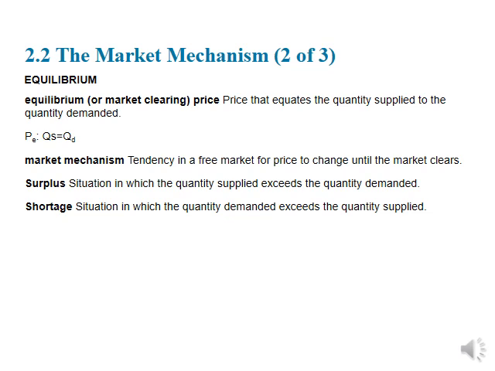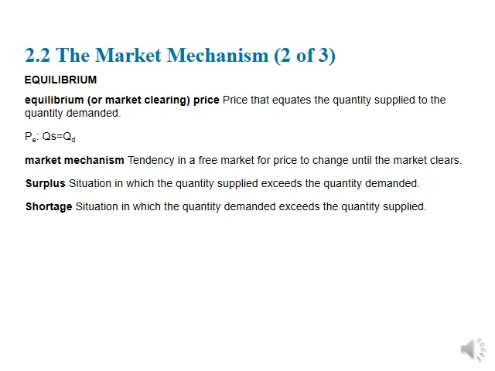And in a free and competitive market, so think about how frictions in the marketplace might change this tendency, but in a free and competitive market, the market tends to engage in price changes, tâtonnement, which Walras referred to as the invisible auctioneer, which Adam Smith referred to as the invisible hand. This process of price changes such that the price will change until we reach a market clearing price.